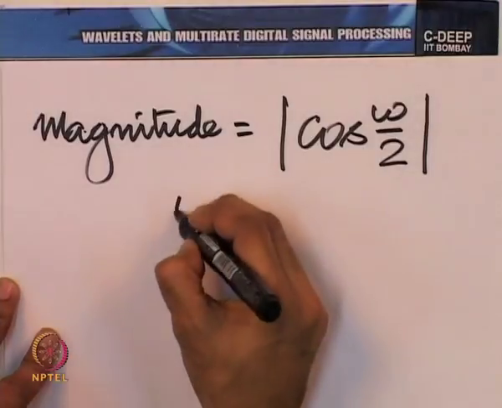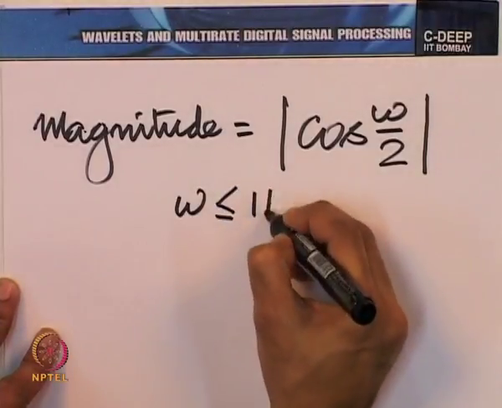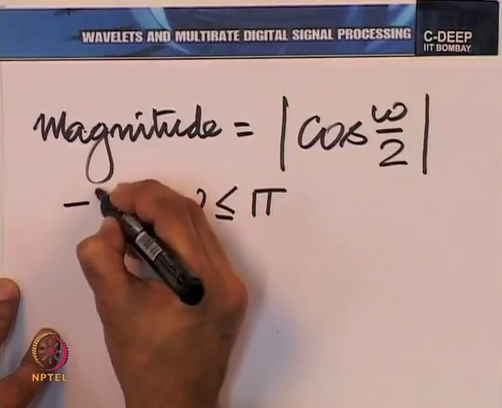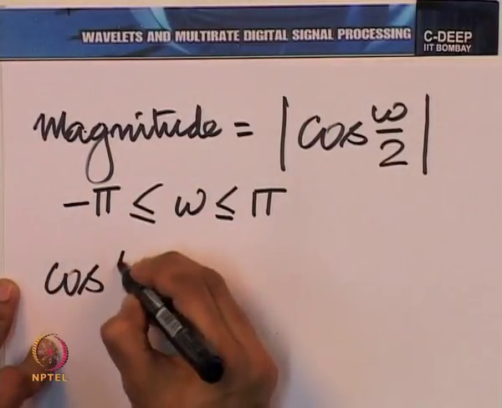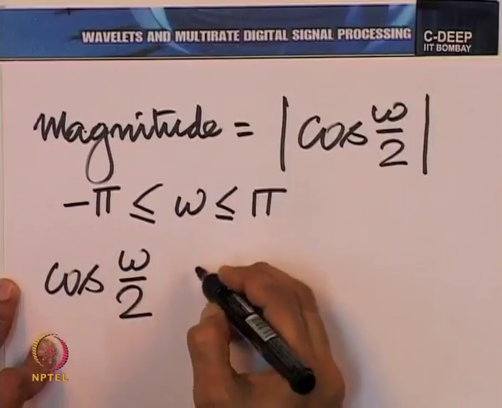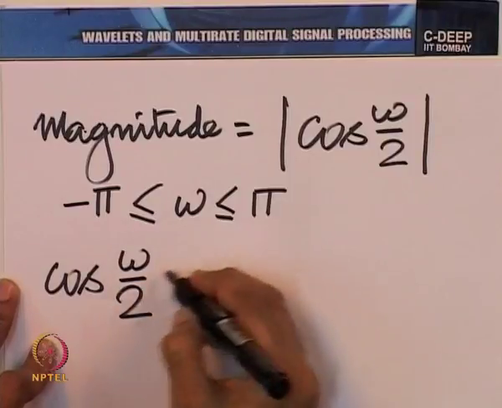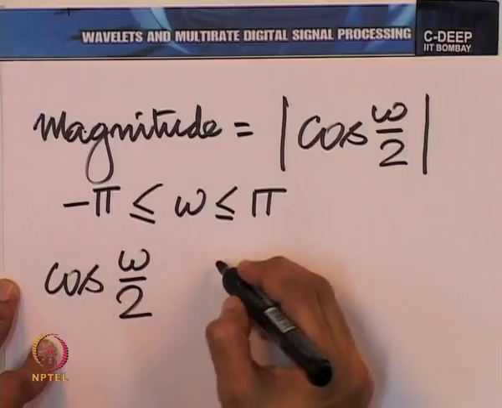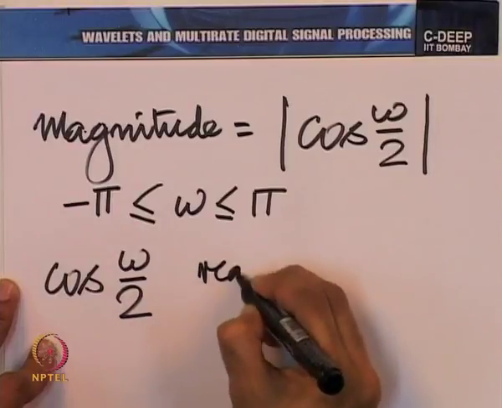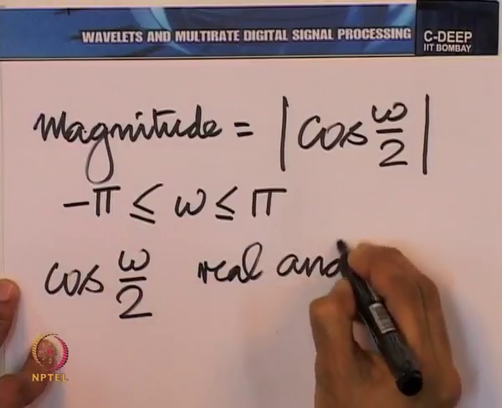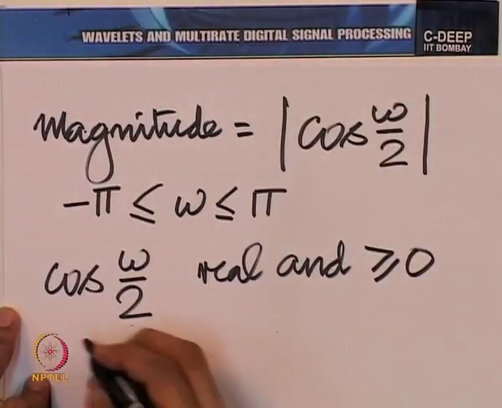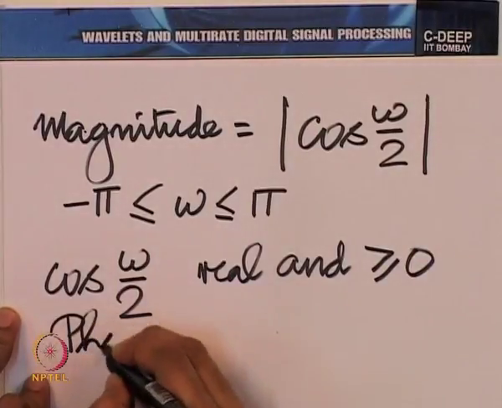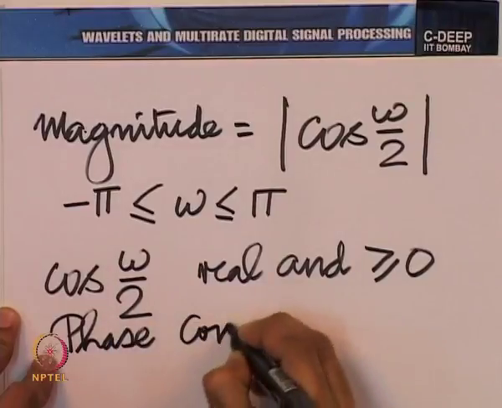And let us confine ourselves, as I said, to omega between minus pi and pi, whereupon cos omega by 2 turns out to be non-negative. In fact, cos omega by 2 is real and greater than or equal to 0 in this region. Thus, the phase contribution from this term is 0.